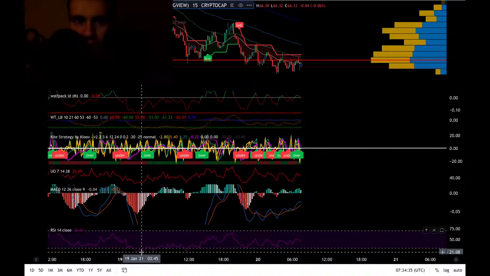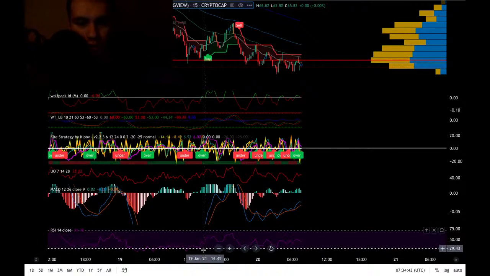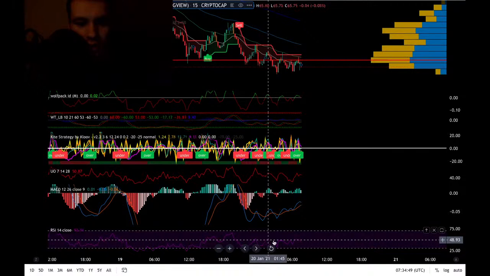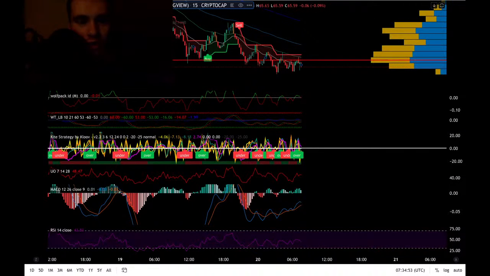Give that high. This looks like divergence right here, but that's irrelevant, I'm not even gonna look into that. Yeah, this is divergence right here. Let me draw it.